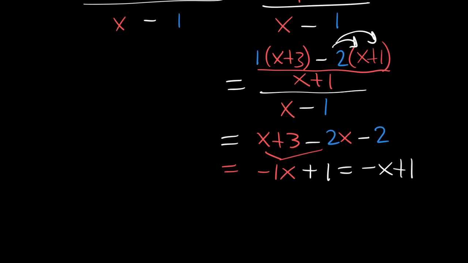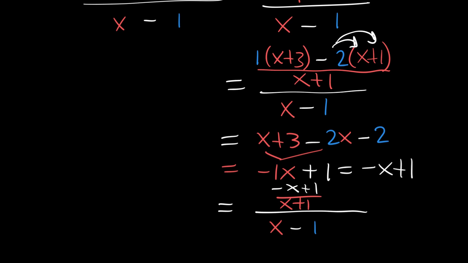So if I keep going with this idea, this whole thing here, remember that was all over x minus 1. So this is x minus 1. And the numerator is this negative x plus 1 over x plus 1.